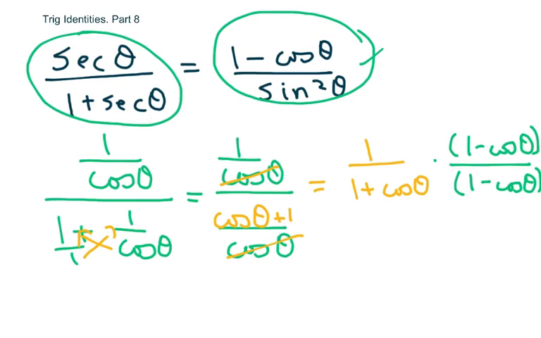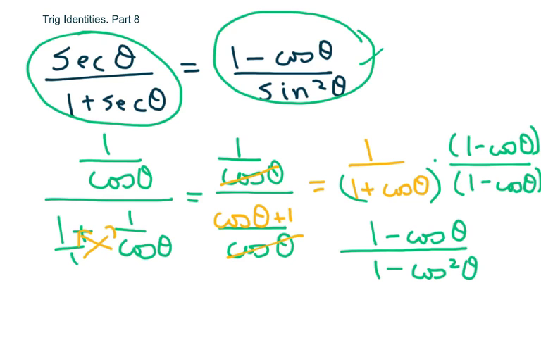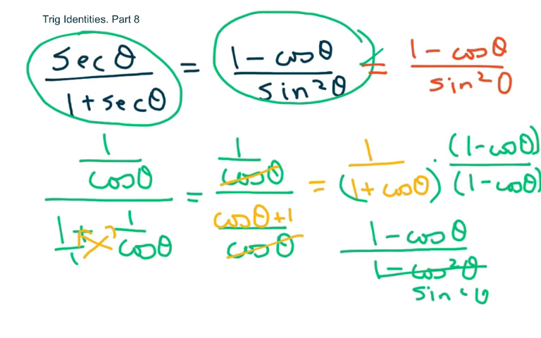Now when you do that, the numerator is just 1 minus cosine of theta, and the denominator is 1 minus cosine squared of theta, and you know this equals sine squared of theta. So we do have this equals 1 minus cosine of theta over sine squared of theta. So we had to do this little trick here and force it to work a little bit.